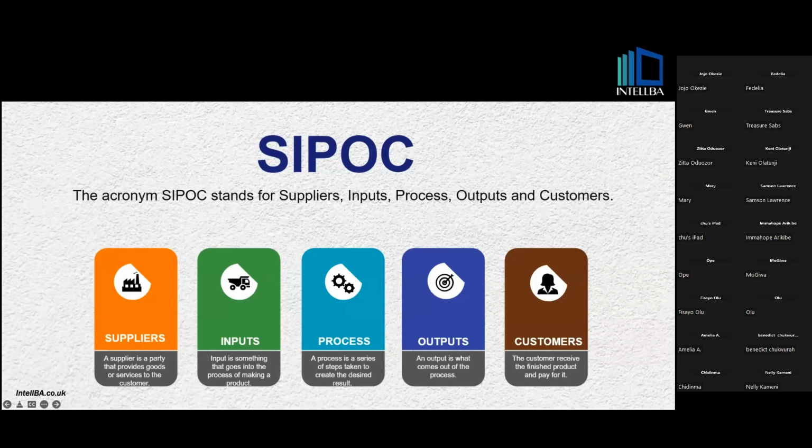Let's use an example of Next, for instance. Next supplies dresses to customers. Now they are the supplier, they supply dresses. You go to the Next store and you buy a dress as a woman, okay? They supply. Now the inputs, what inputs go into making that dress?